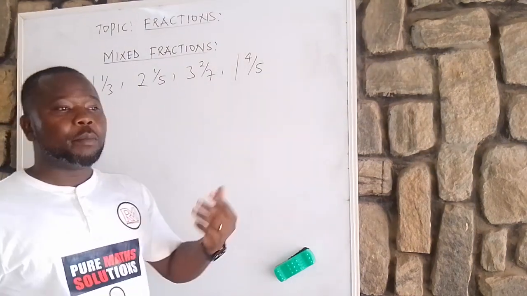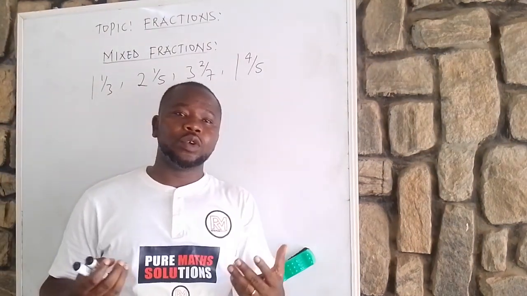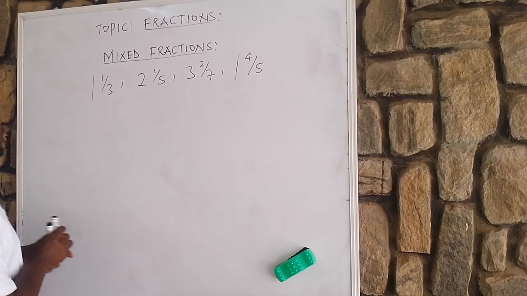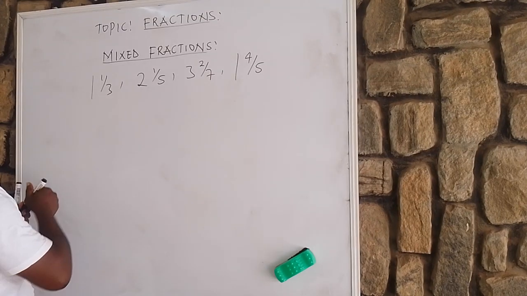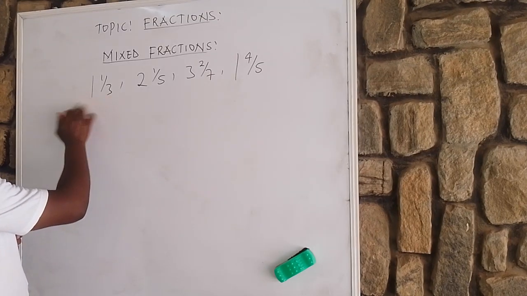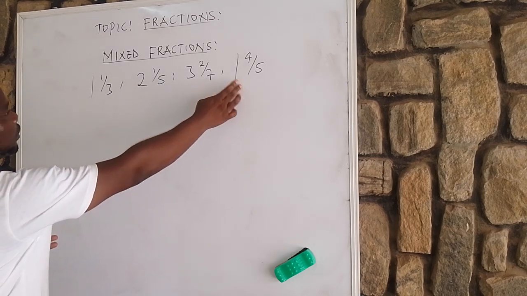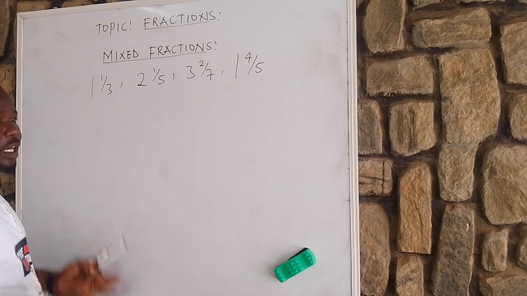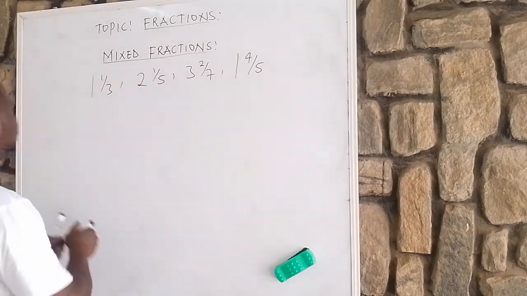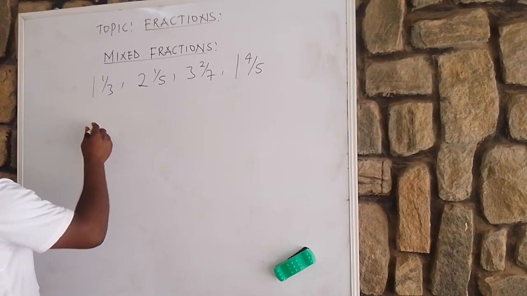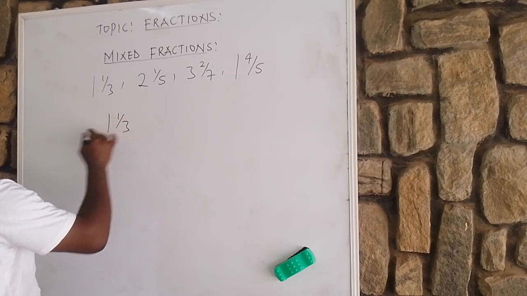We convert mixed fractions to improper fractions. Let's look at it and let us identify. Sometimes you may see: convert the following to either proper or improper fractions. How can you convert 1 whole number 1 all over 3?